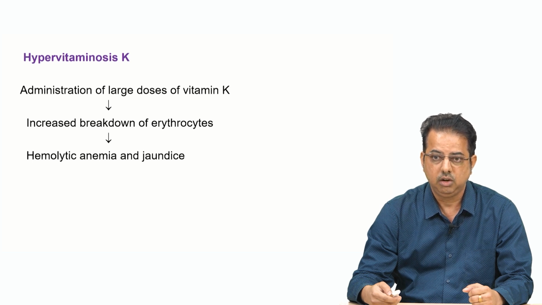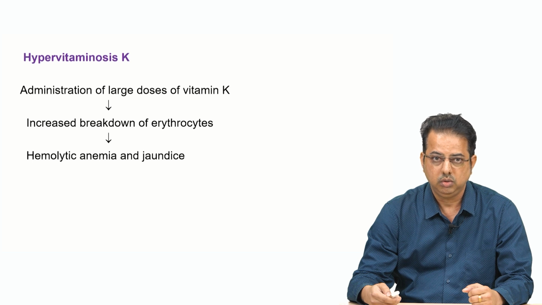Then finally, we looked at vitamin K antagonists. They are dicumarol and warfarin, and towards the end we also discussed fetal warfarin syndrome, which is seen in infants born to mothers who are treated with vitamin K antagonists such as warfarin during pregnancy. So, that is regarding vitamin K.